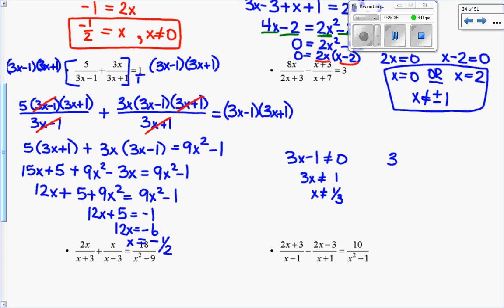If I set the other one, 3x plus 1, not equal to 0, and solve for x, I've got 3x cannot be negative 1, x cannot be negative 1/3. So in other words, x cannot be positive or negative 1/3. And that would be my final answer.